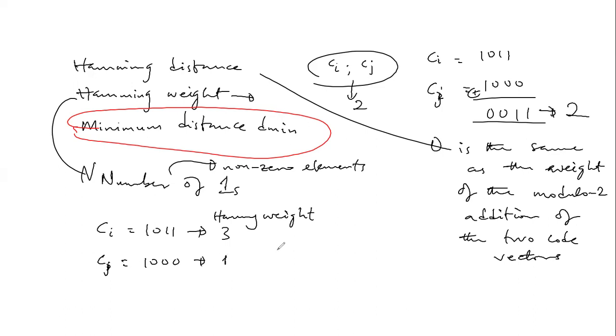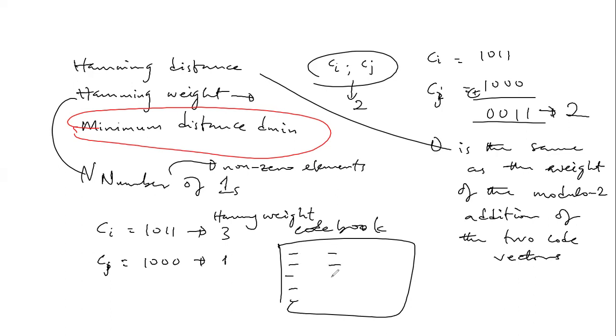So in other words, when we look up the code book and we have different code words in it, by the time we compare the Hamming weight of all of these code words, the least weight in this code book will give us the minimum distance.